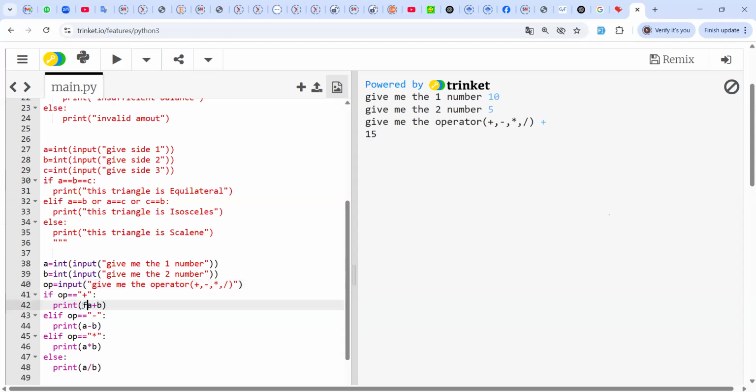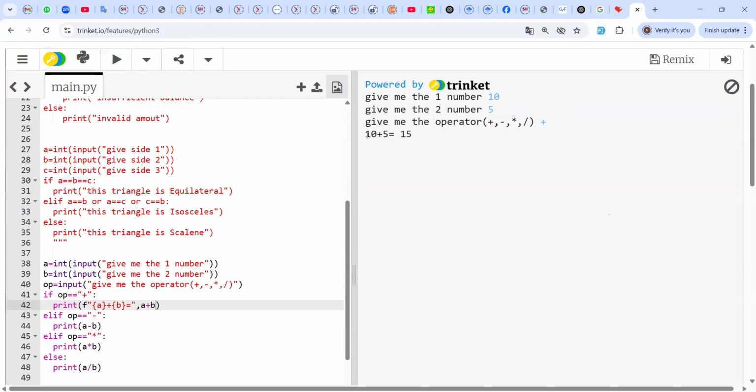We can use the f-string. We're going to say A plus B is equal to A plus B. I'm going to run it again.